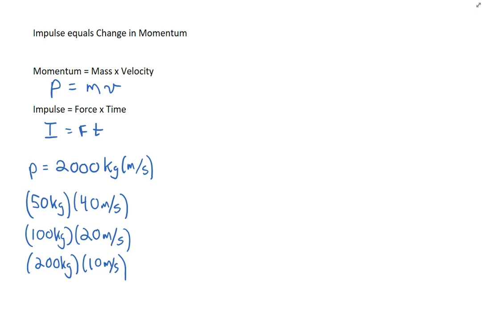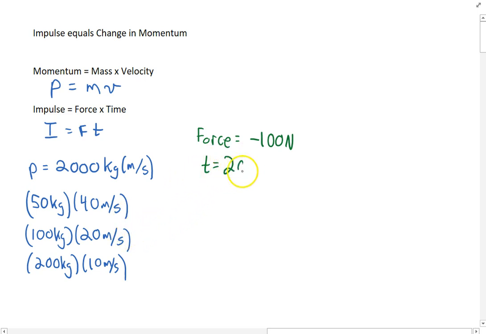Now, when I'm talking about impulse, I'm using a force times a time. So let's say my force is going to be negative 100 newtons. How long would that take me to stop all three of these combinations? Well, that would actually give me 20 seconds, and I'll show you why that is.